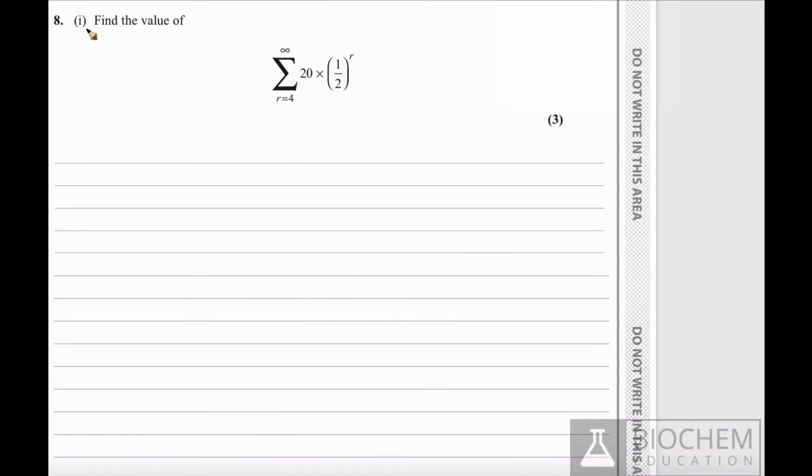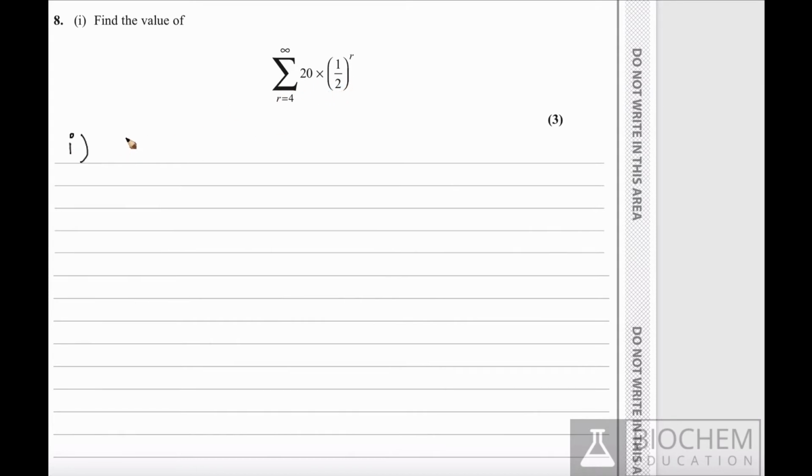Question 8, Part 1. Find the value of 20 times half to the power of r, and we are going to take the sum of all the terms where r can take values from 4 to infinity. So we can start our answer by writing down the first 2 or 3 terms of this sequence.